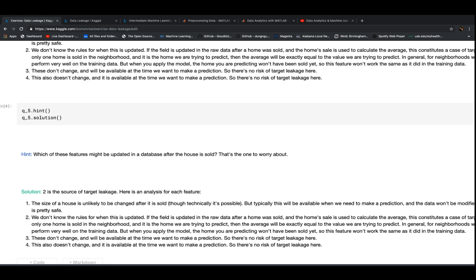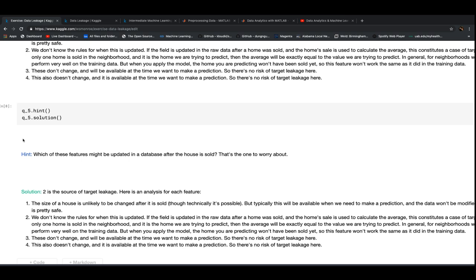I think one of the keys for finding out whether or not something's target leakage is just when do you find out that piece of information? If you can only find it out after, or something about the predicted state might feed into that field, then that could be an issue.